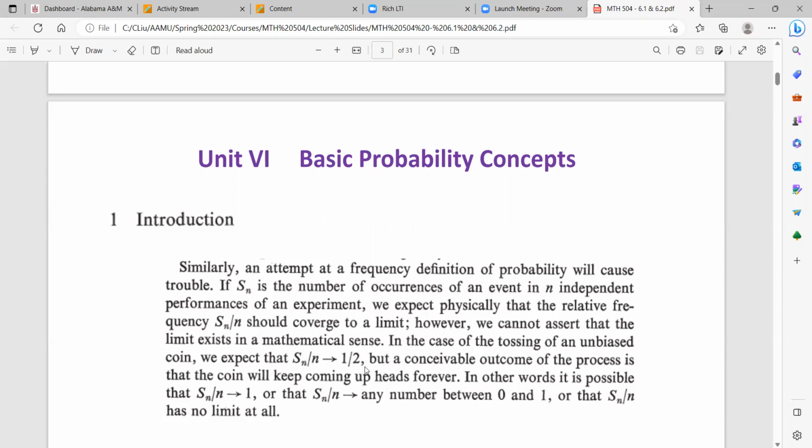In that case, you may get this limit to be 1 or any other number.